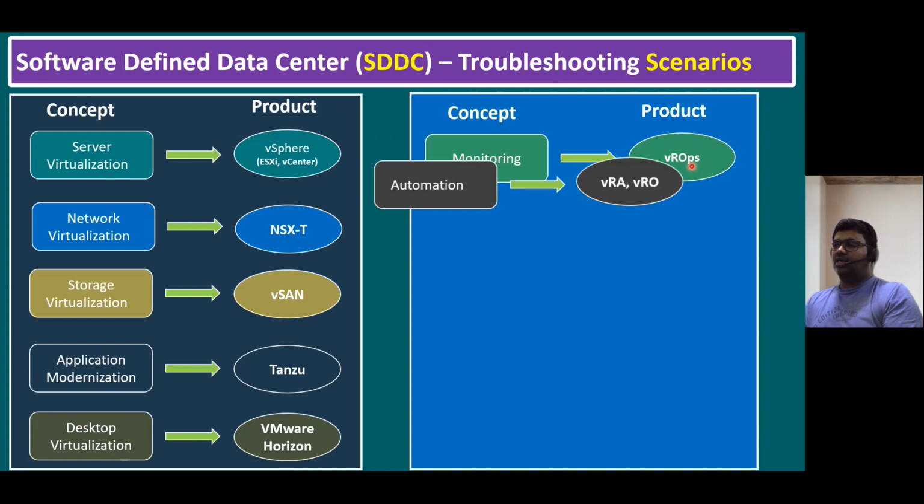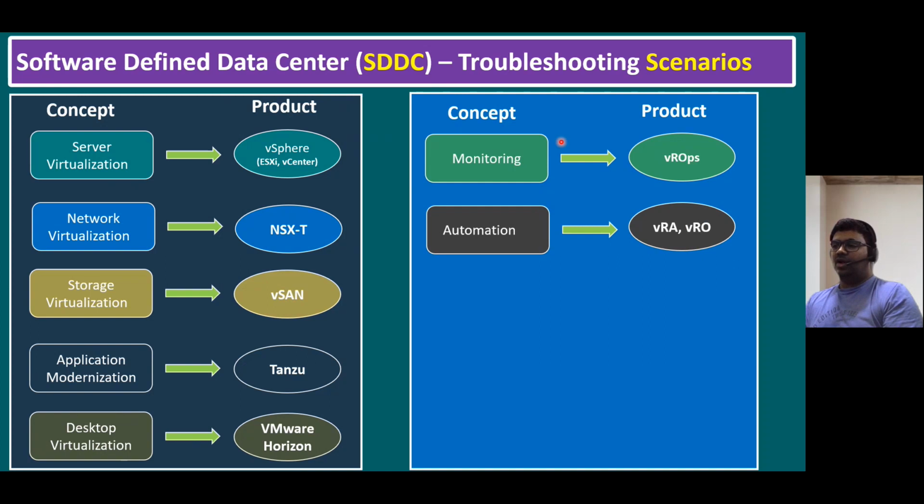Another concept is automation. All your vSphere day-to-day operations, NSX-T, vSAN, application, Horizon and monitoring day-to-day operations, whatever tasks you perform repeatedly, if you want to automate them, we also need an automation product.